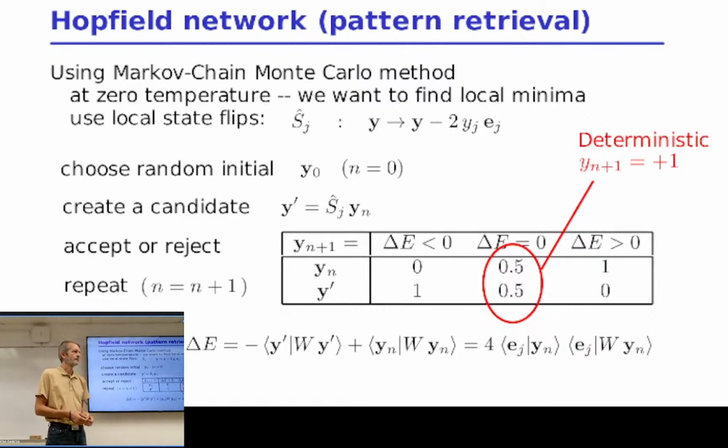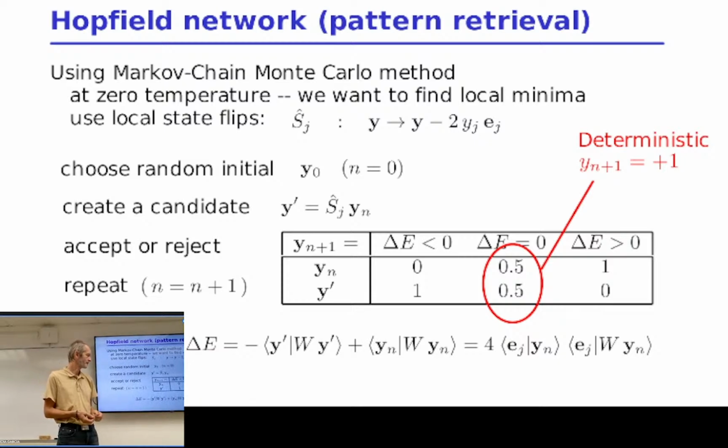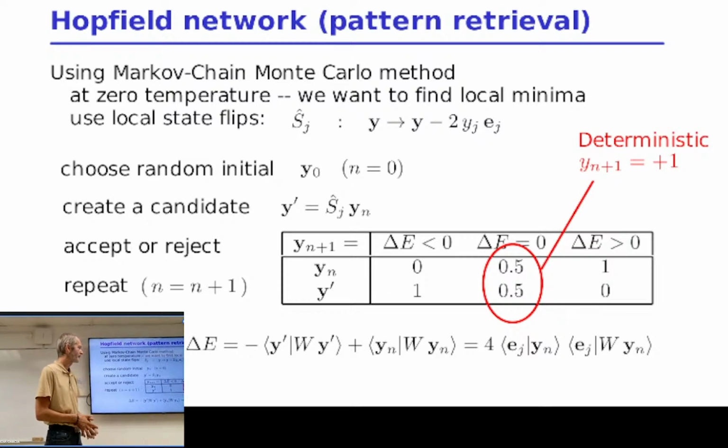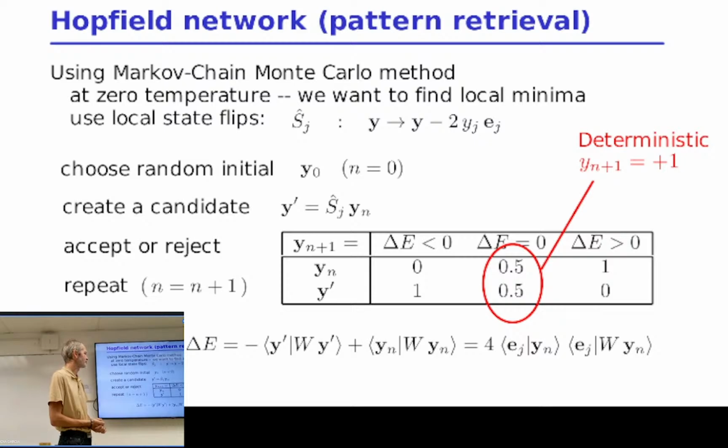That means we can check if there is any possibility to change one single spin such that the energy will decrease further or not. If we are at the local minimum, then the process stops.